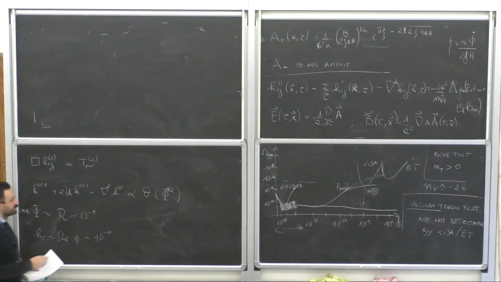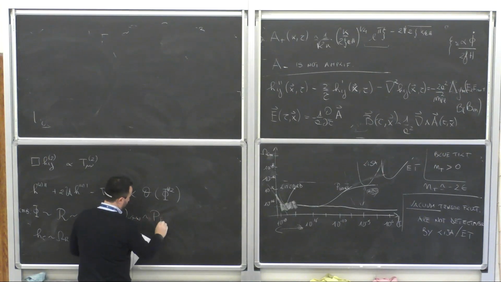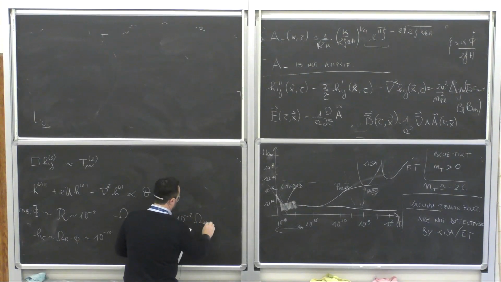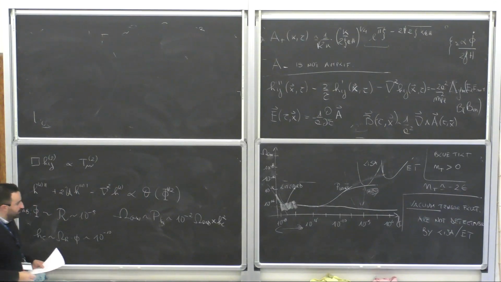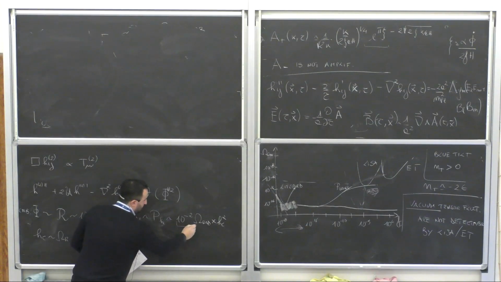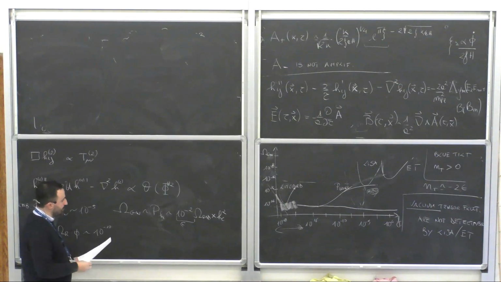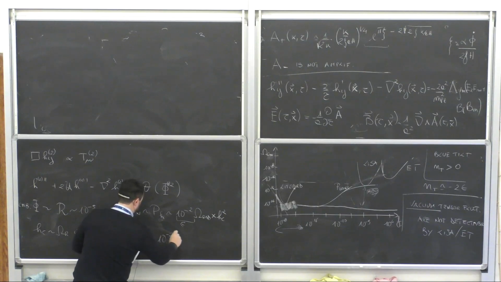This means that my omega_GW, which is proportional, as you know, to p_h, is about 10 to minus 2 omega_rad times h_c squared, or the power spectrum. This comes from epsilon, if you want. If you do this computation at second order, this gives something like 10 to minus 25.